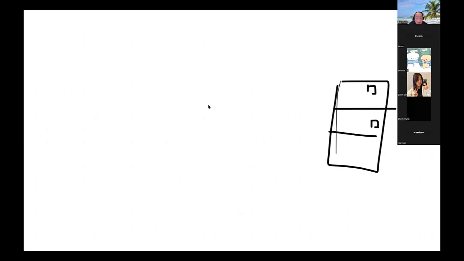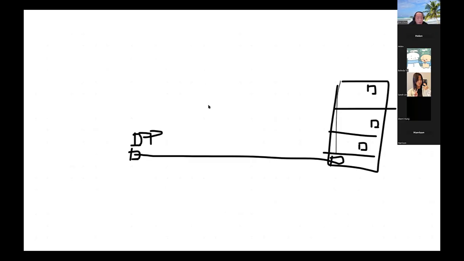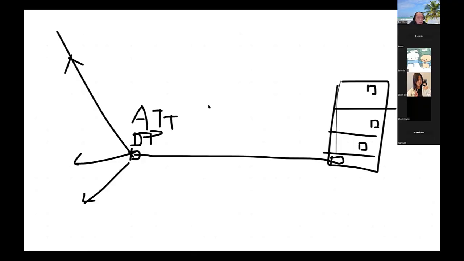You have multiple levels, and you have a lot of computers. They are all connected to a certain router, and that router goes through fiber channel to your internet service provider. Let's say this is AT&T, and then go into the internet. So this Wi-Fi within the building, we call it intranet.